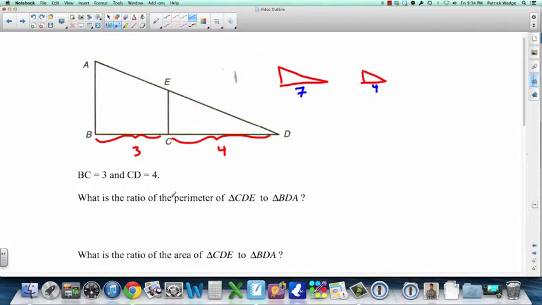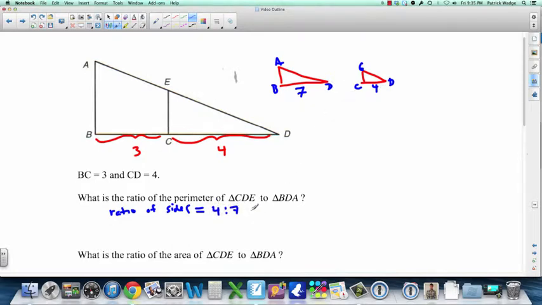So before we figure out the ratio of the perimeters, let's figure out the ratio of sides. And that's not too bad. We're looking at CDE, which remember is the small one, and we're comparing it to BDA, which is the big one. So you got to do it in the right order. The ratio of sides of CDE to BDA is 4 to 7. Those are corresponding sides.